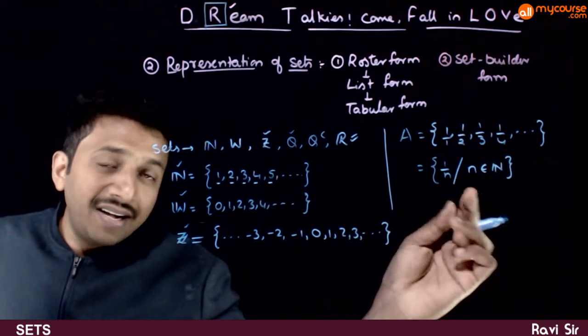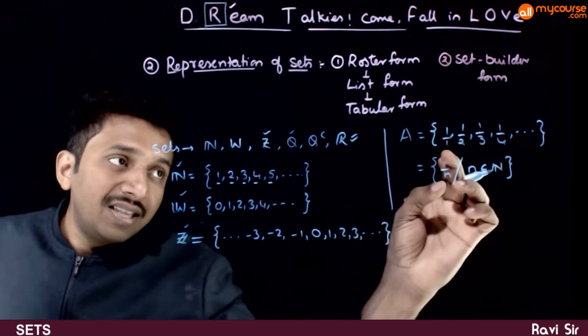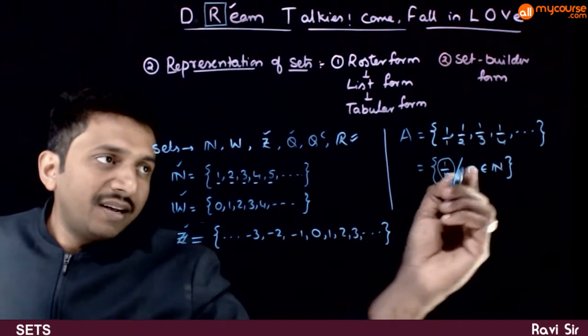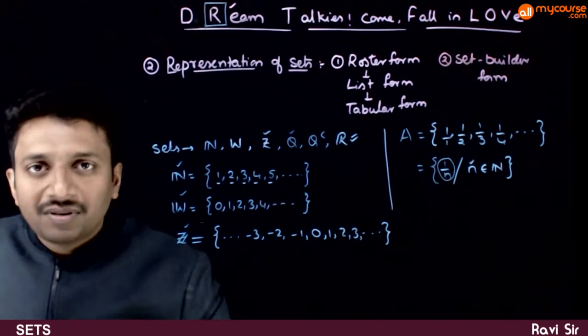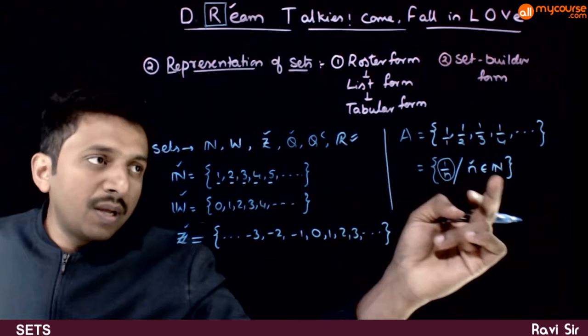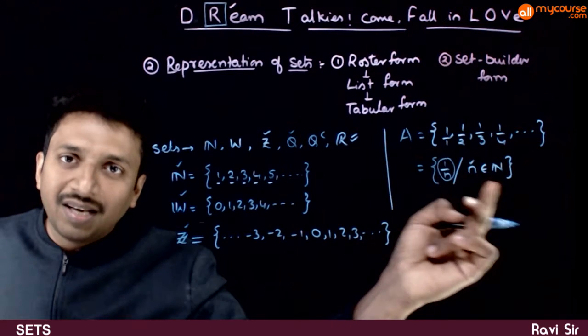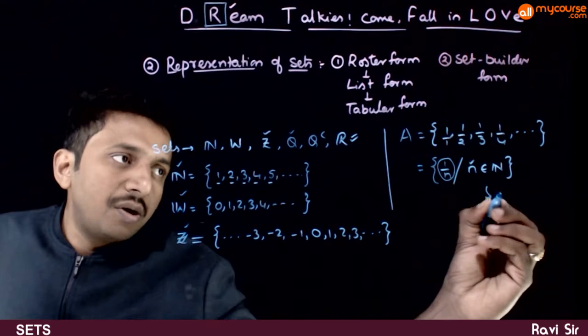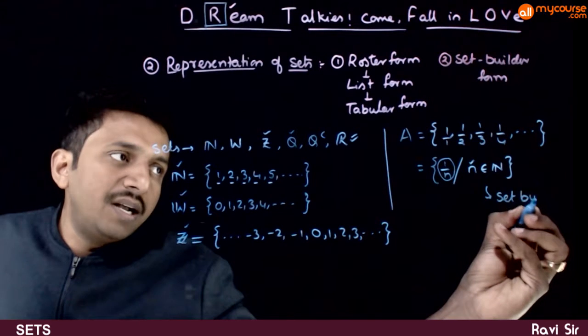I read this as the set containing the elements of the form 1 by n, where n is some natural number. That is, n is 1, you get 1 by 1, n is 2, 1 by 2, n is 3, 1 by 3, n is 4, 1 by 4, and so on. This type of representation is called set builder form.